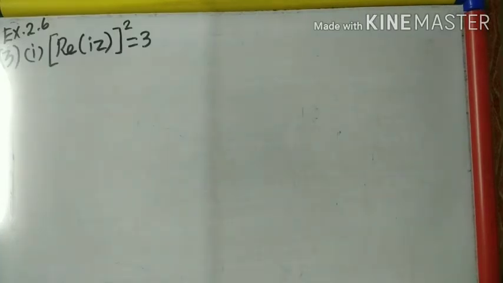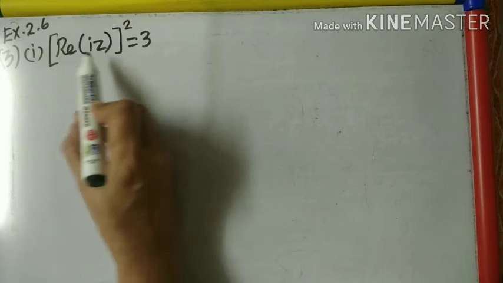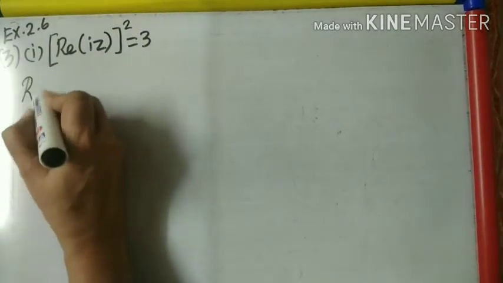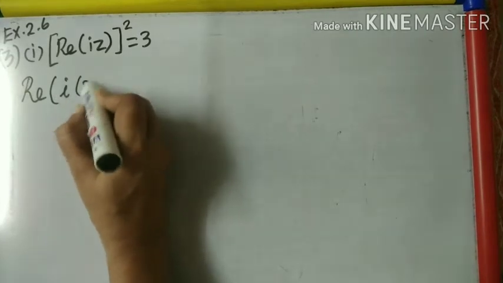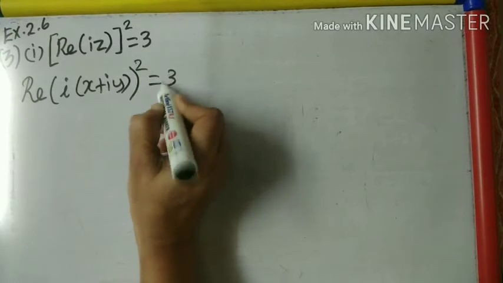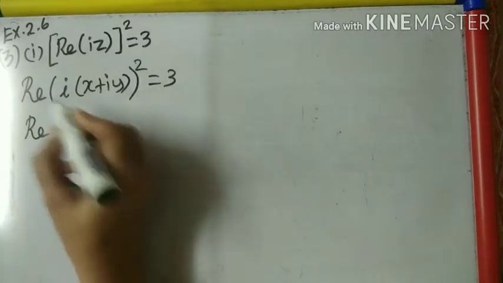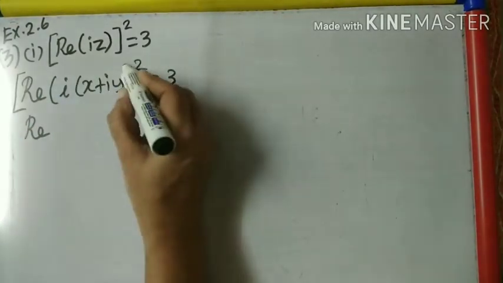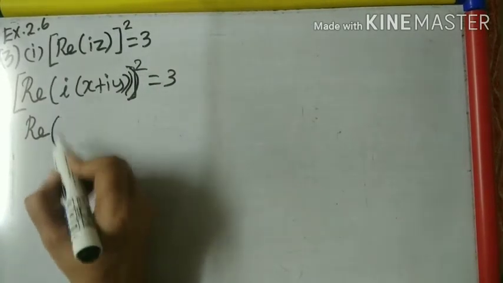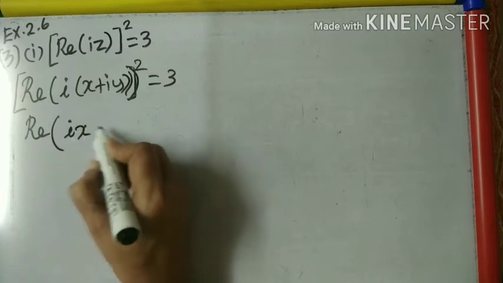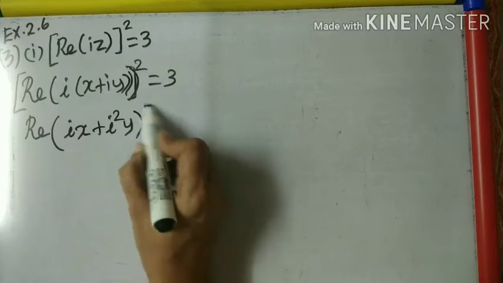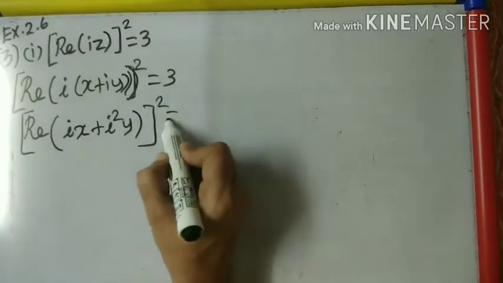Question number 3, subsection 1: real of iz the whole square equals 3. Wherever z comes, let us substitute x plus iy. The next step: real of, this is the whole power 2. So real of i into x, ix, i into i square y, the whole square equals 3.